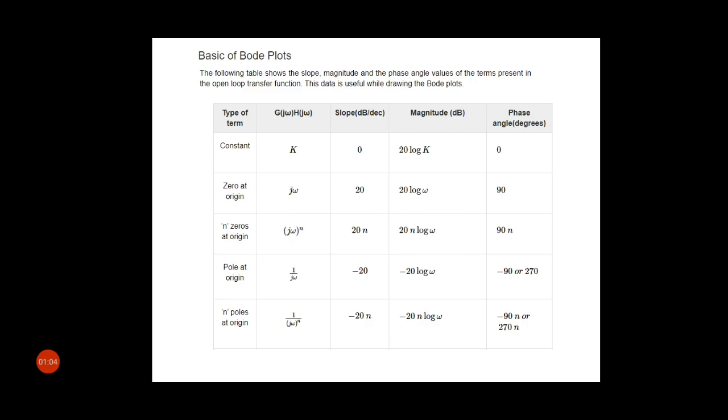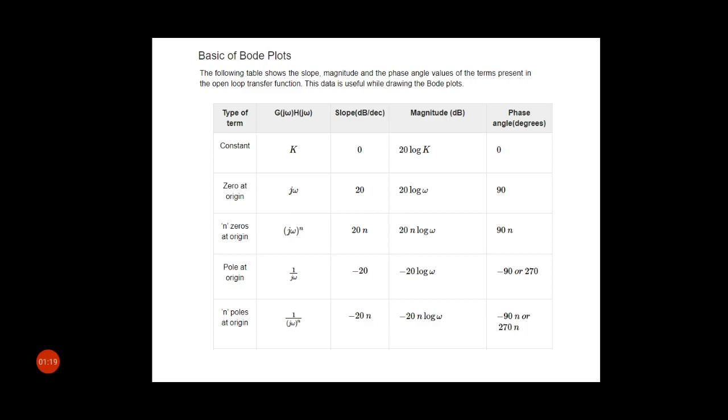Okay, so if we have a constant term, then our slope is 0 dB, the magnitude is 20 log K and the phase angle is 0.